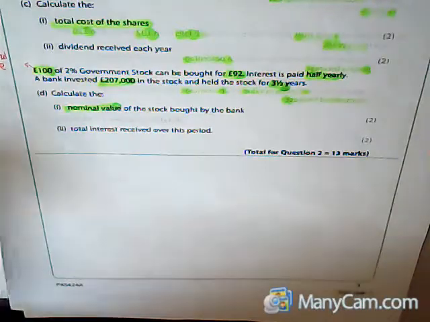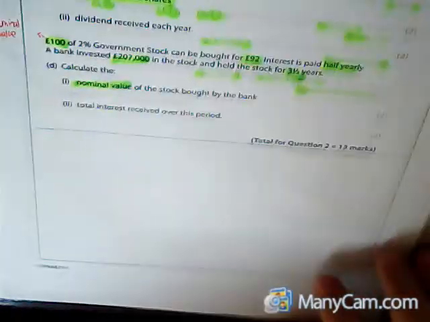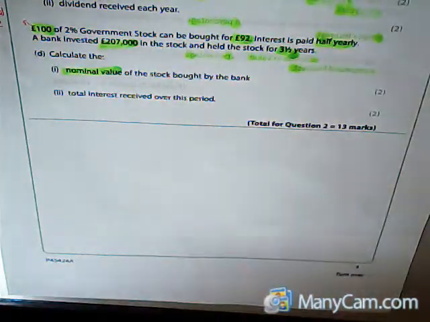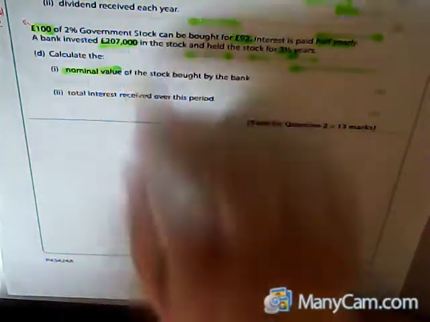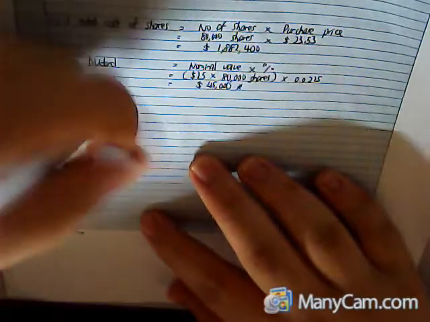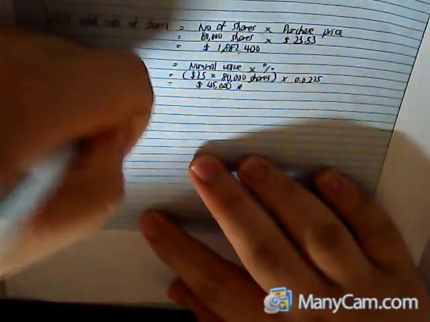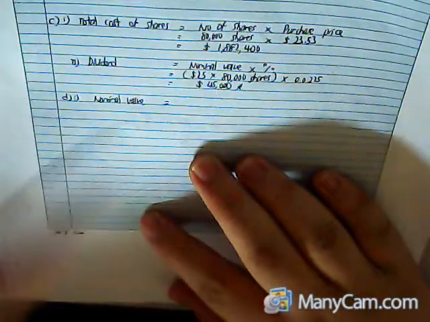Now this one is a bit difficult. How to get the nominal value? Normally you buy the stock, right? Okay, the bank invested 207,000. To get the nominal value, we follow the formula. Now this one shows the difference. It's a stock debenture, right? So for the nominal value, we use the cost of investment divided by the purchase price per stock. Yes or no?